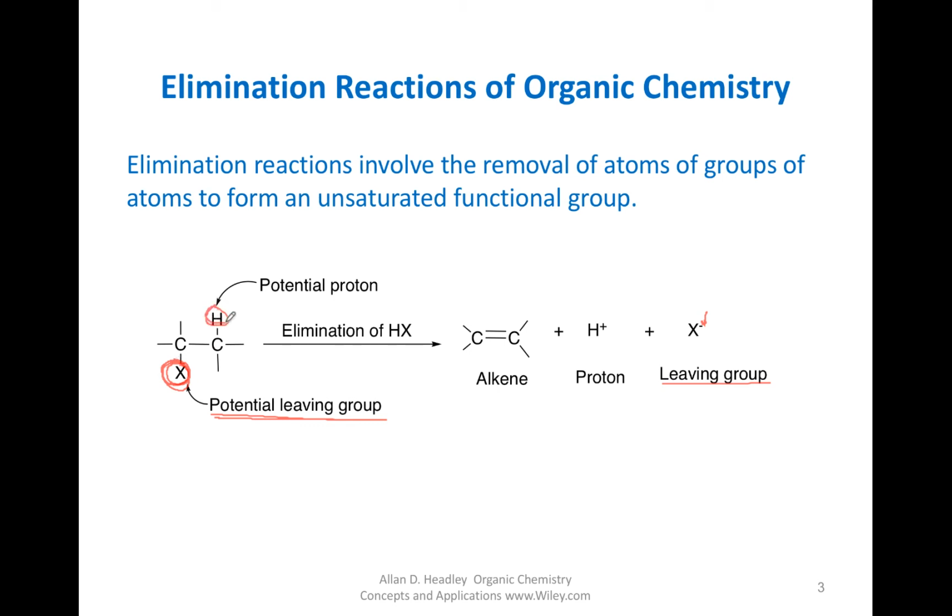Also, we have a hydrogen on the adjacent carbon. Notice it's a potential proton because these electrons here will swing in and this will leave with its electrons. So that's why we have H+. So now you can see why these reactions require a base, because it's going to pull off this hydrogen as a proton, leaving these electrons here, which will form the double bond. So that's the mechanism.